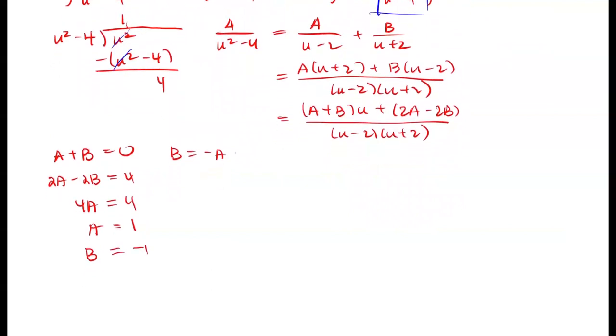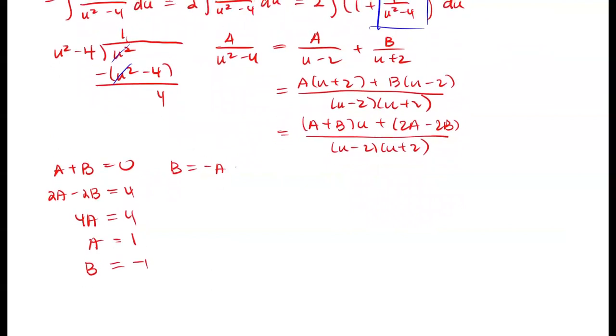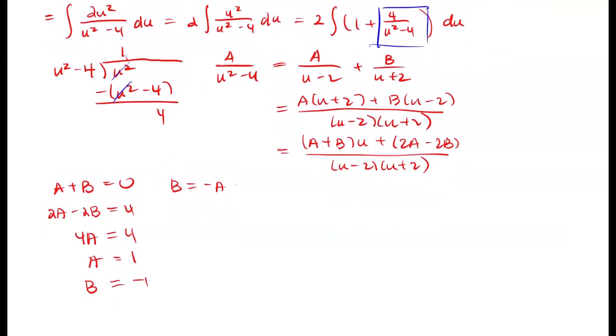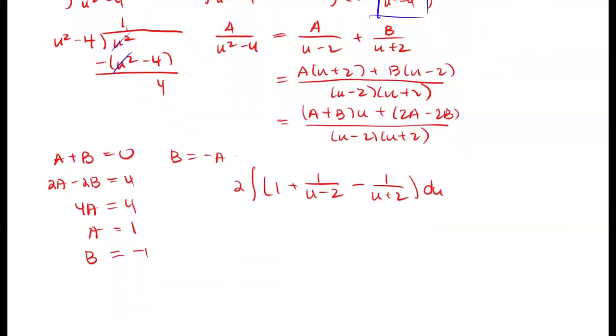So now I will just have the integral: 2 times the integral of 1 plus 1 divided by u minus 2, minus 1 divided by u plus 2, all this du.